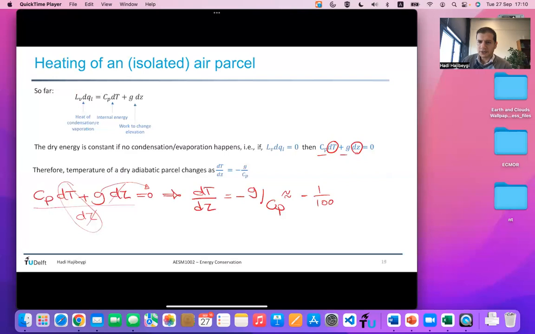That's quite an impressive number, meaning that a 1,000 meter elevation climb would cause about 10 degrees of temperature change. That's quite nice, right? We are getting to know about the conservation of energy consequence on how the temperature of the atmosphere would look like, roughly.